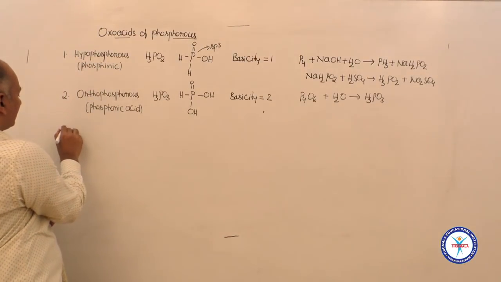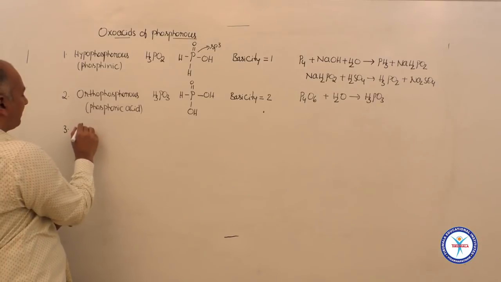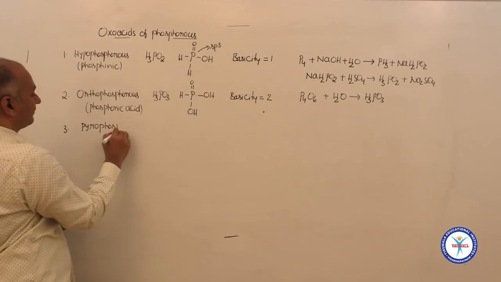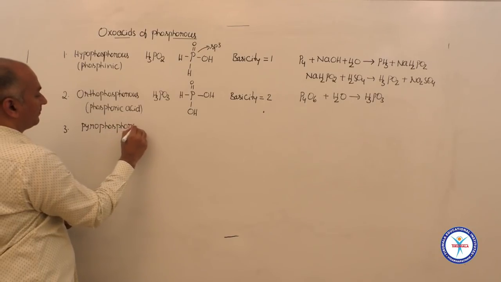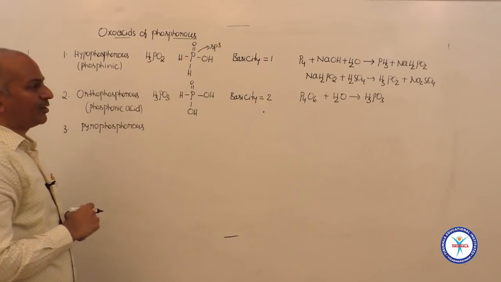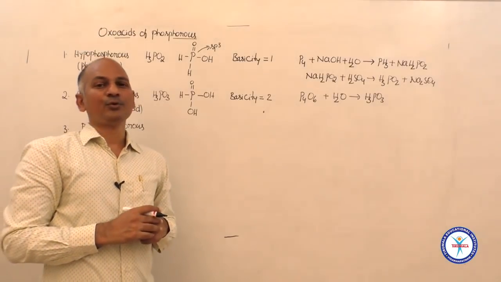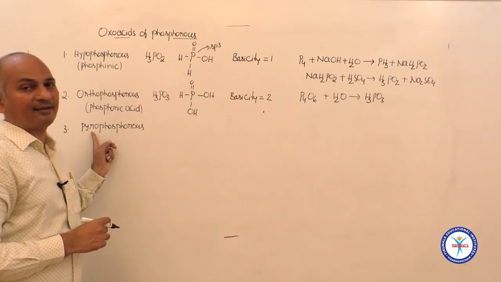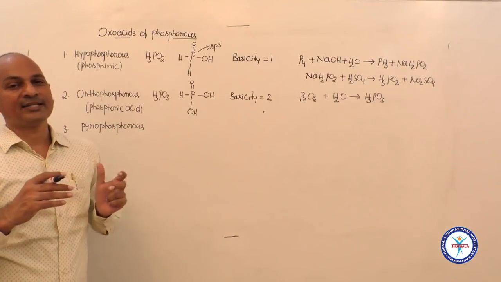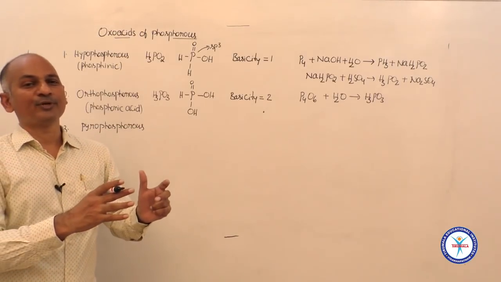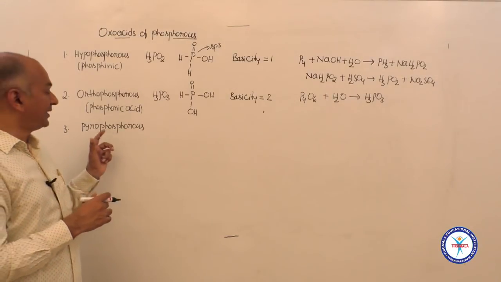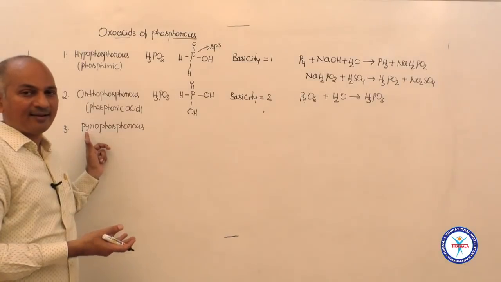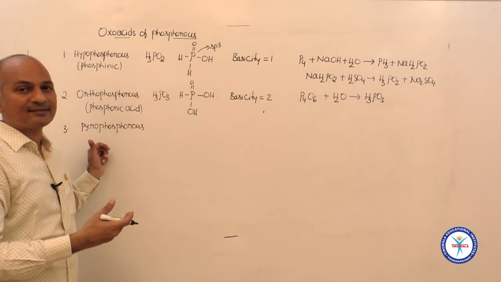Now third one, it is pyrophosphorus acid. And please remember, all of you, wherever you see this prefix pyro means heating. You heat something, water is eliminated, and the resultant compound will get that prefix pyro. Pyrosulfuric acid, pyrophosphoric acid, pyrosilicates, everywhere.